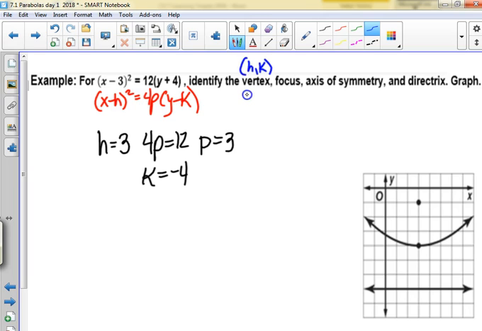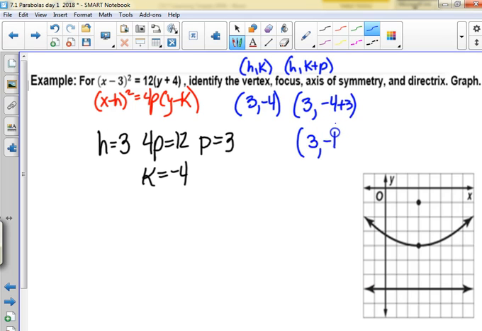So now, vertex, what's the recipe on the sheet for vertex? Just H, K. So what's the vertex of this parabola? 3, negative 4. The focus, what's the formula? It says H, comma, K plus P. Everybody good? See where I'm getting that off the sheet? So the focus is 3, comma, negative 4 plus 3, which would be negative 1.